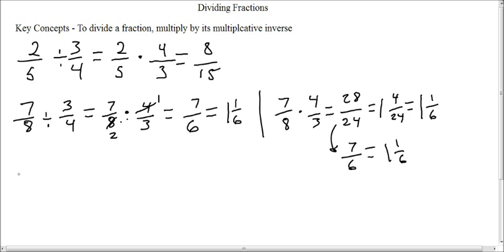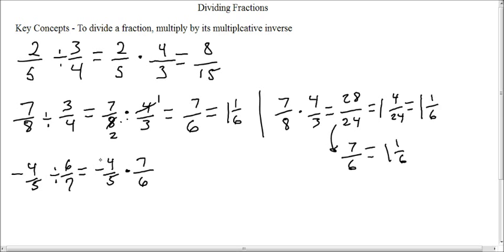So let's take negative 4 over 5 and divide it by 6 over 7. Now we got a negative here. So we'll still take negative 4 over 5, rewrite that, and multiply by the reciprocal, or the multiplicative inverse. That means now 7 becomes my numerator and 6 becomes my denominator.